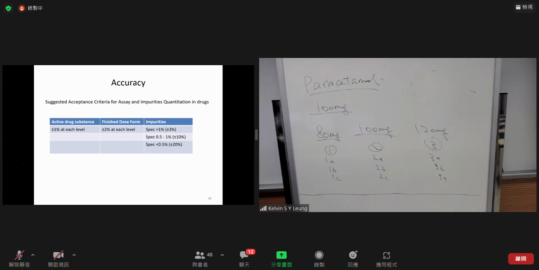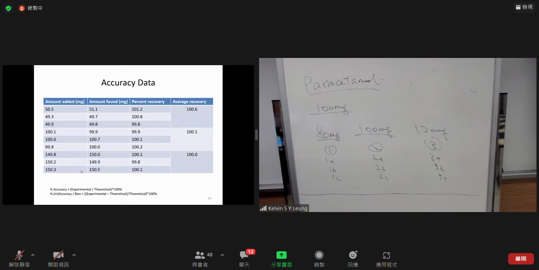And they also have their requirements. Okay, let's say in this we have a good recovery with about 100%. Okay, but in some of the analytes, it may be hard to be recovered. Okay, so in some, let's say in food matrix or in some others, check according to what you are going to be tested.